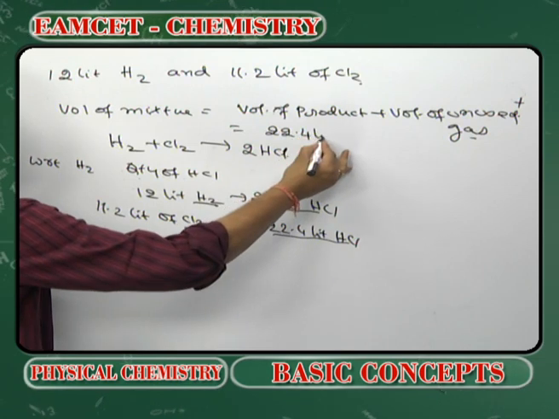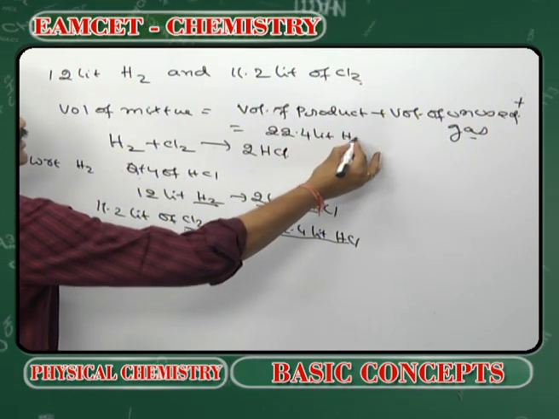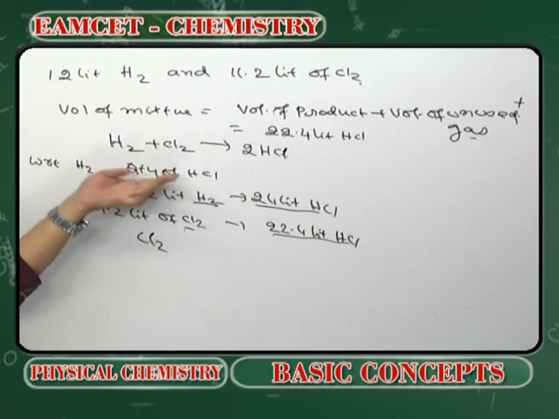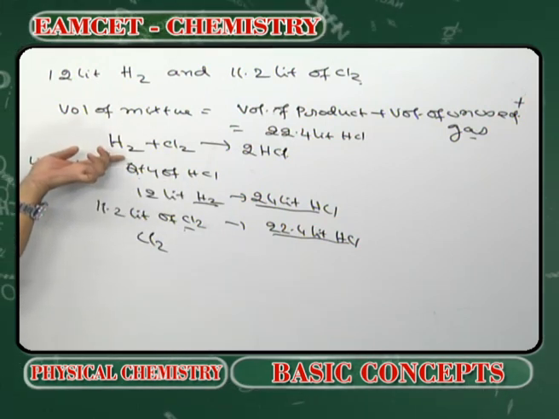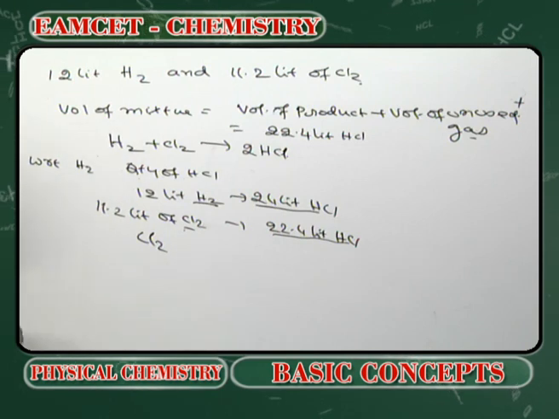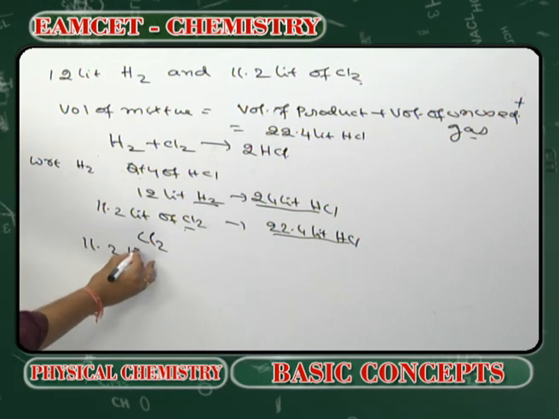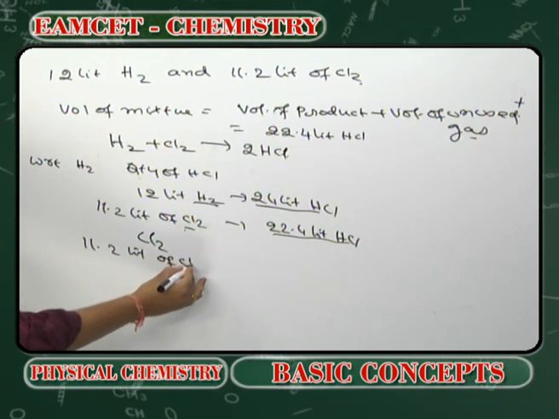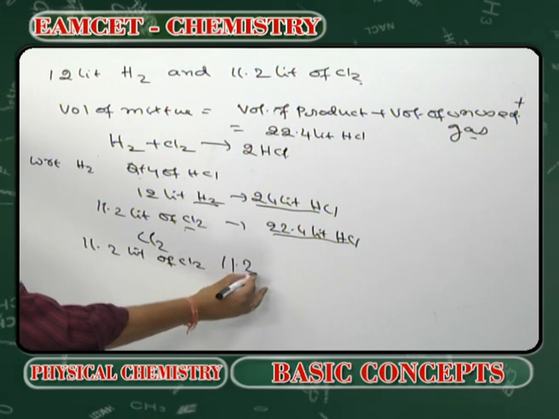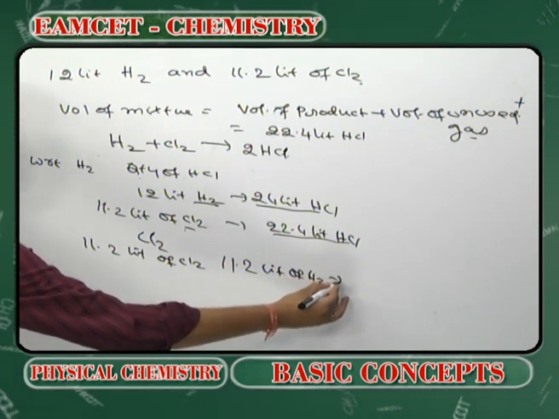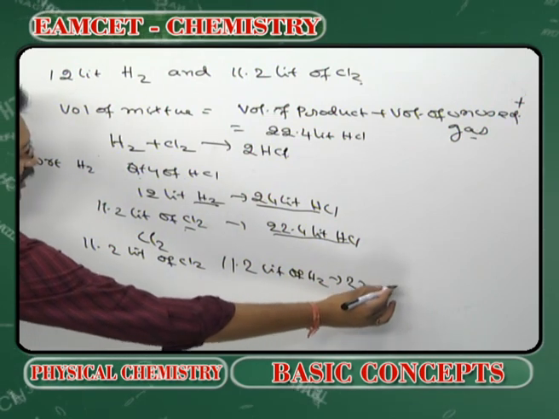So, we will get 22.4 liters of HCl. Now, what is the other reagent? Hydrogen is the excess reagent. What is the volume of the unused hydrogen? 11.2 liters of chlorine can exactly combine with 11.2 liters of hydrogen to produce 22.4 liters of HCl.